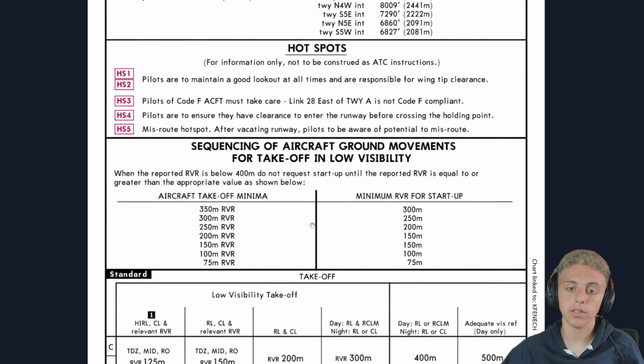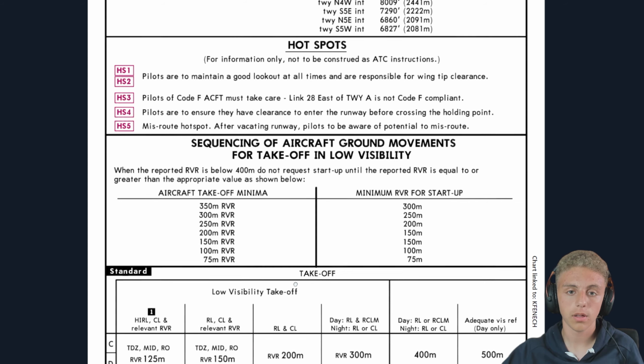This is so a plane does not wait next to the runway for a long time, waiting for visibility to clear up. So a plane with 200 meters of minimum RVR can start up at 150 meters.